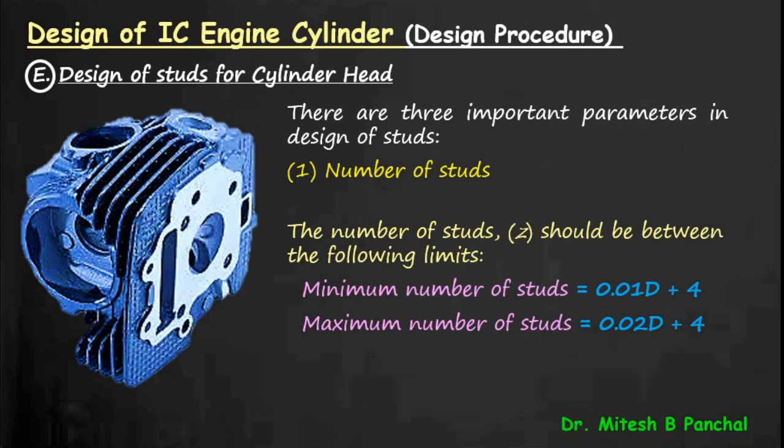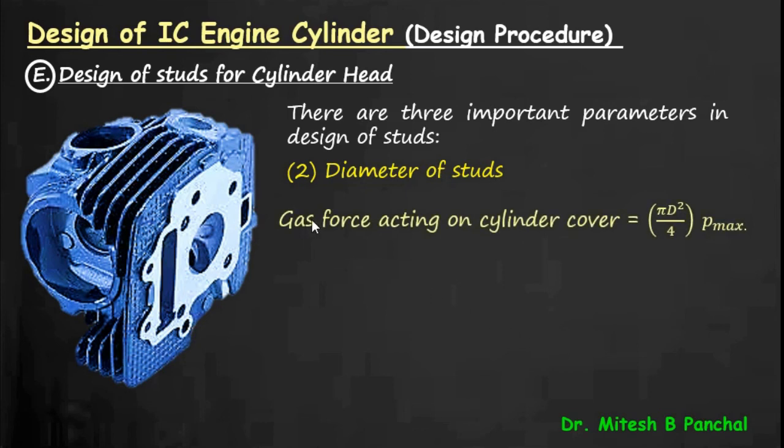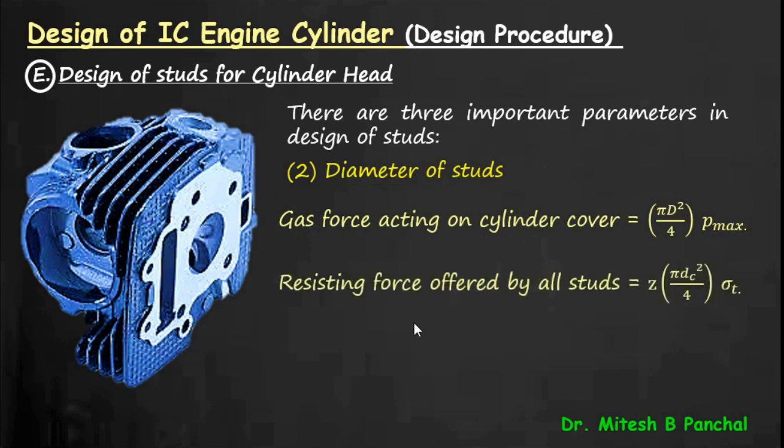Next is the estimation of the diameter of the stud. The gas force acting on the cylinder cover, that is pi by 4 D square into P max, would be resisted by the force offered by the studs, that is pi by 4 dc square, where dc is the core diameter of the stud, into the number of studs Z, into sigma t.